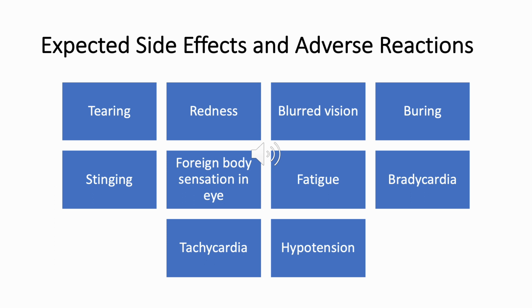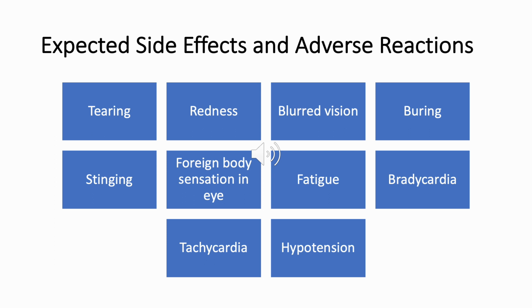The expected side effects commonly experienced by patients who are taking alpha-adrenergic agonists for their glaucoma include tearing, redness, blurring of vision, and burning or stinging after receiving the eye drops. Some patients may experience the sensation of a foreign body in the eye.